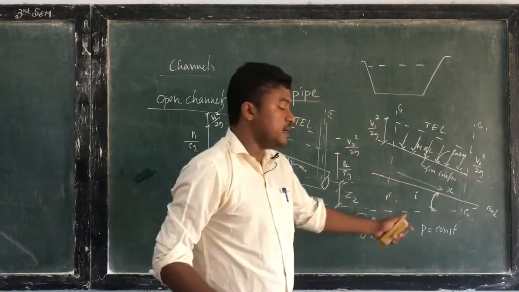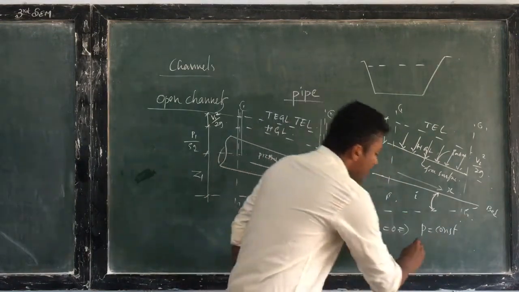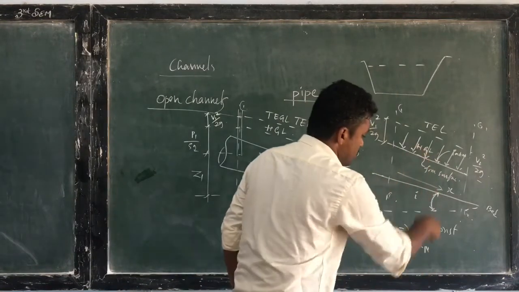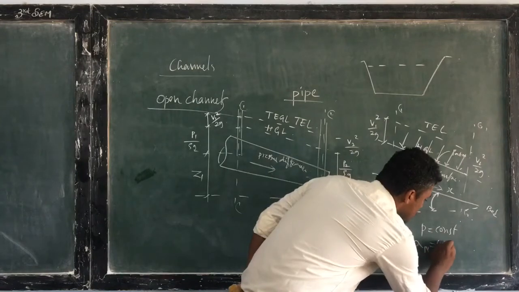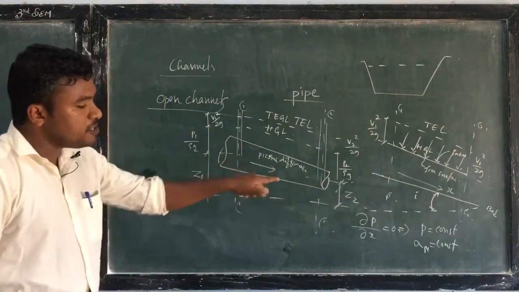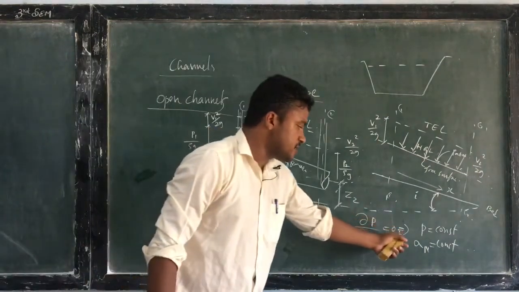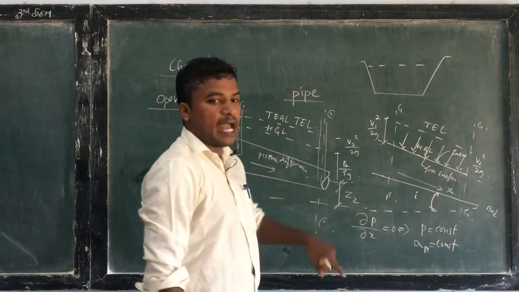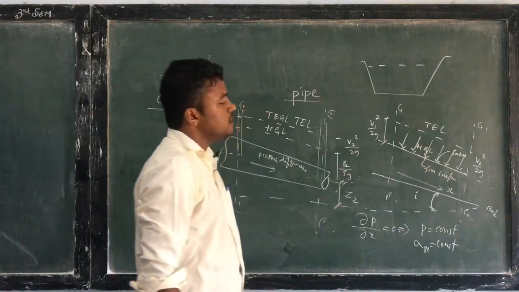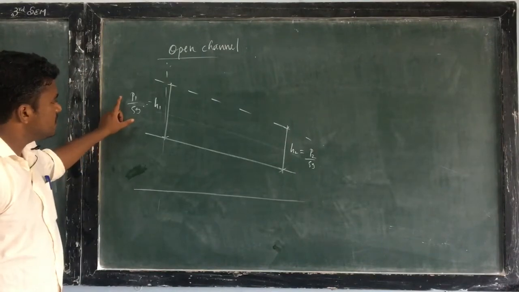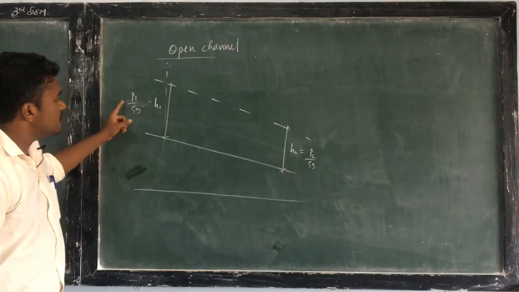Similarly, P, which is equal to sigma normal to the surface, is also equal to constant. That means the pressure or resisting stress acting on the free surface is constant.